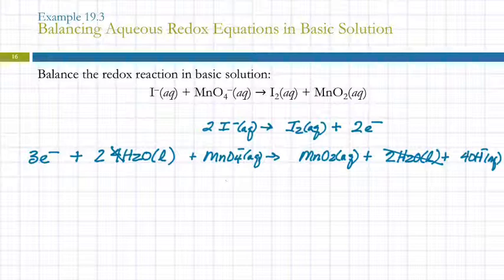So I multiply the top one by 3, so that's 6 and 3 and 6. Multiply the bottom one by 2, so 3 times 2 is 6, 2 times 2 is 4, and times 2.